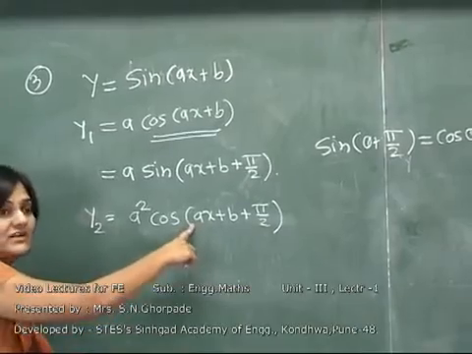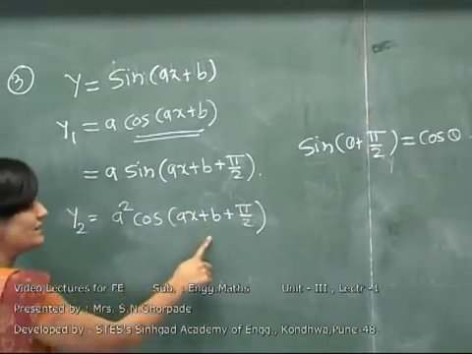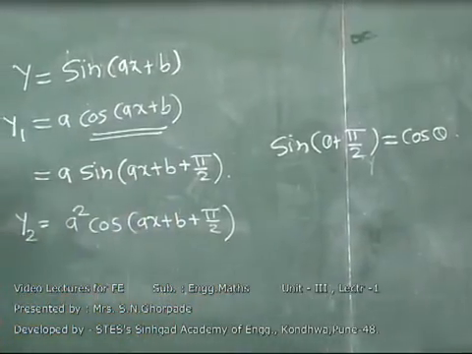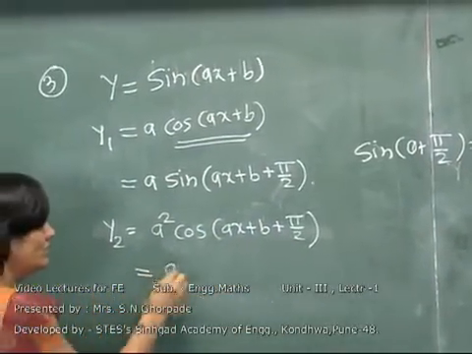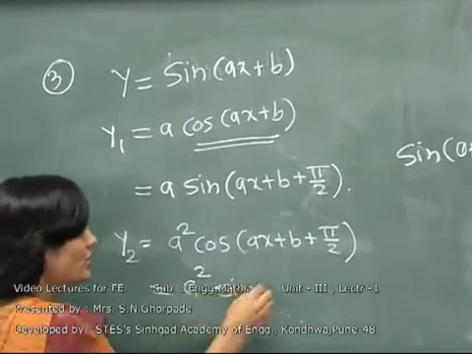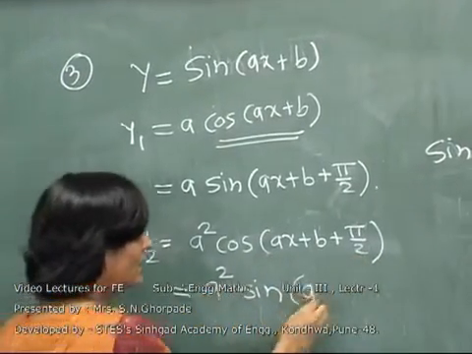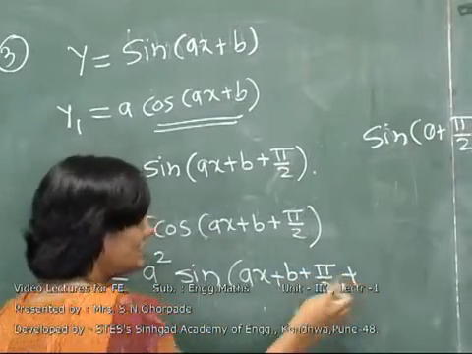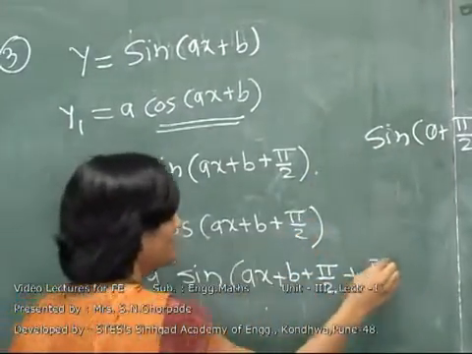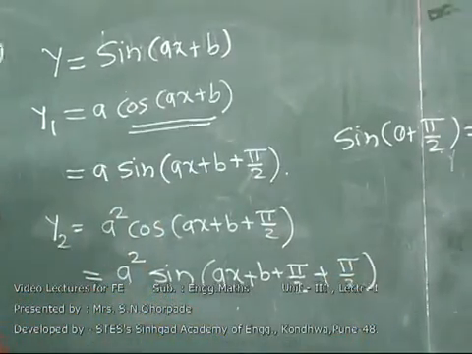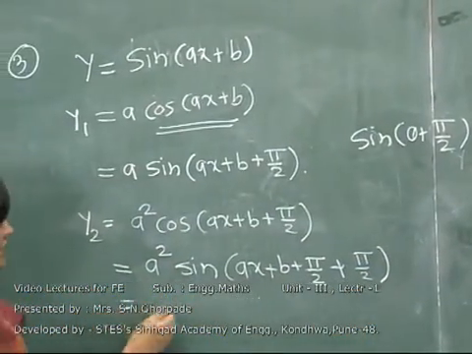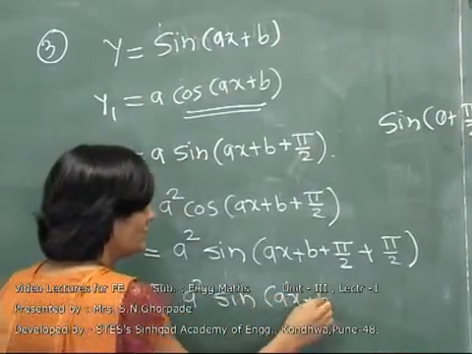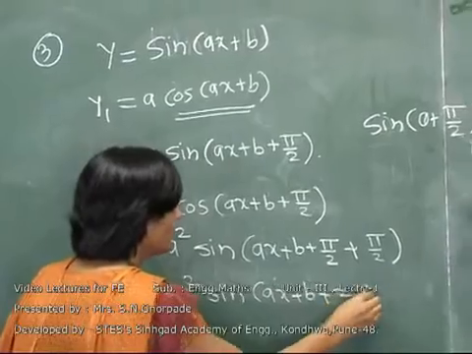But again we are getting cos theta. Replace that cos theta by sin of theta plus pi by 2. And hence we'll have a square sin of, this whole is theta, ax plus b plus pi by 2, this theta plus pi by 2. And therefore second derivative is a square sin of ax plus b plus 2 pi by 2.